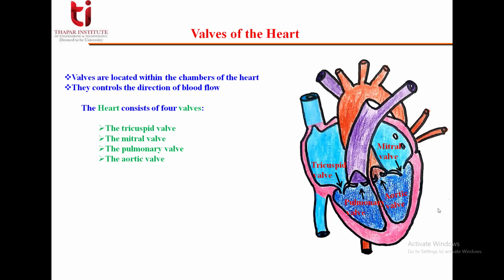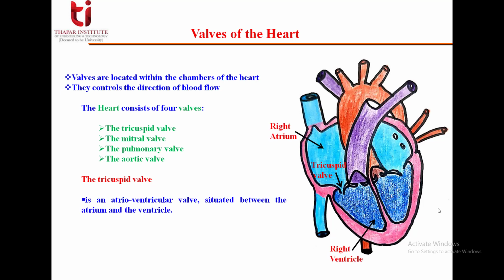Now we will discuss one by one the function of each valve. First we will discuss the tricuspid valve. The tricuspid valve is an atrioventricular valve. Why are we calling it atrioventricular?